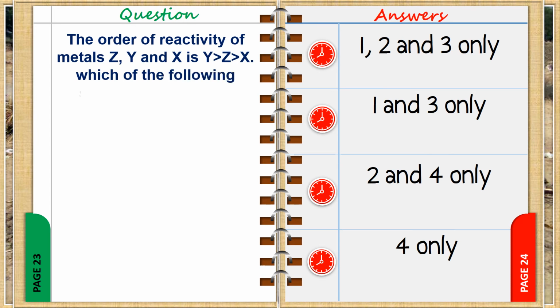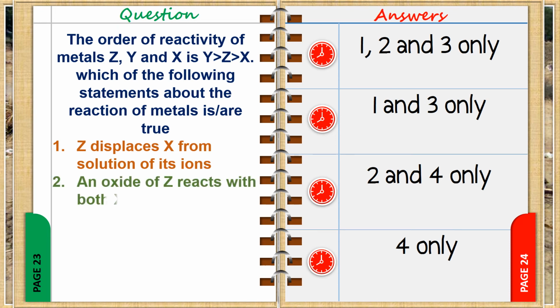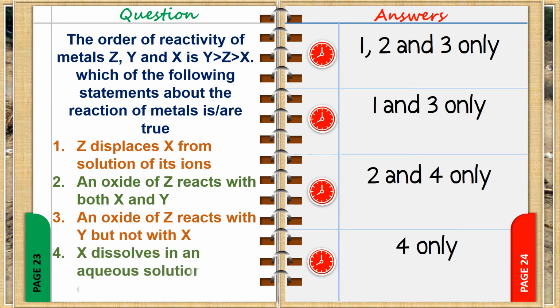The order of reactivity of metals Z, Y, and X is Y greater than Z greater than X.